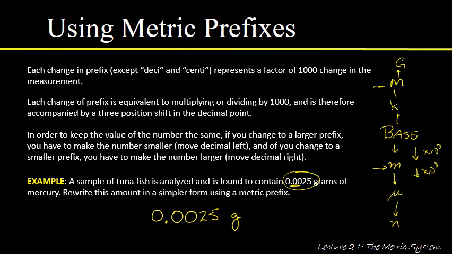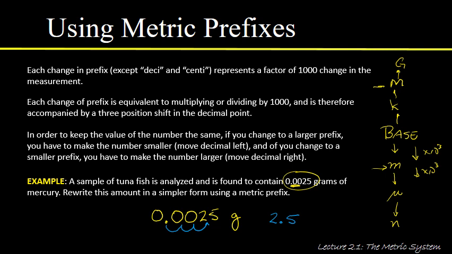If we move the decimal over that way, we'd be putting in extra zeros, and that's no good. That's going to make the number look even more confusing. So to make the number look a little bit nicer, we want to move the decimal to the right. So if we move it over 1, 2, 3 times, then we get 2.5.